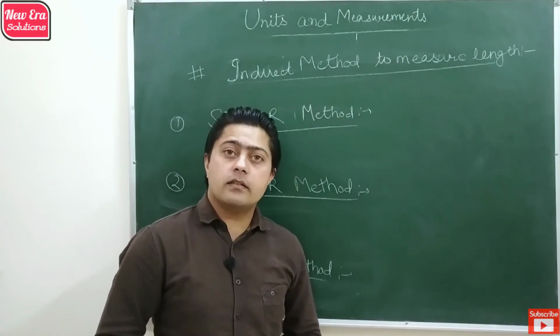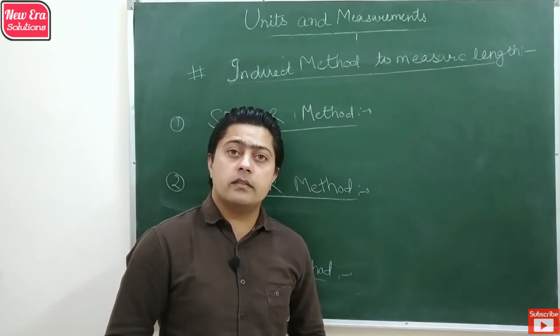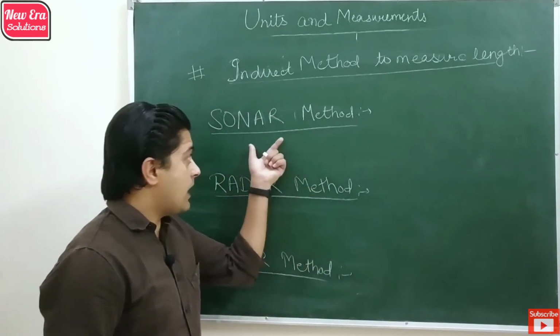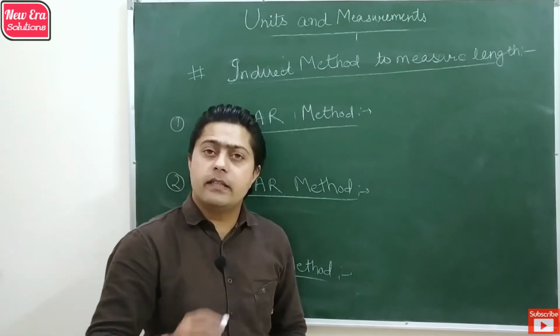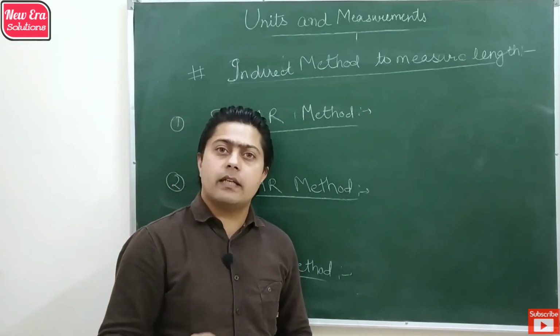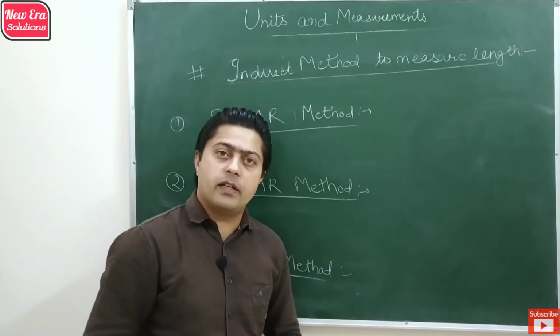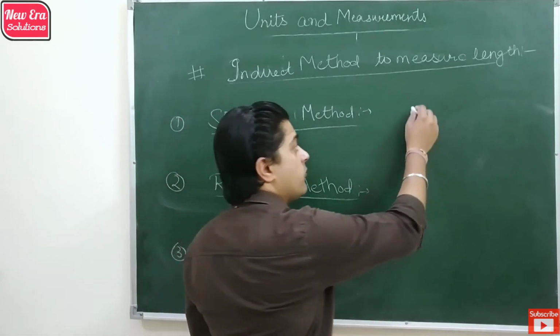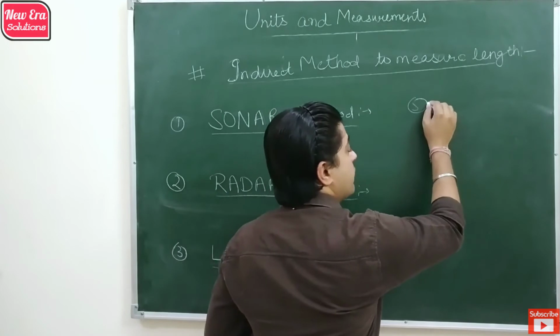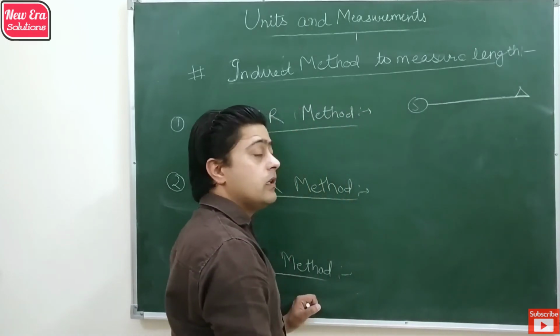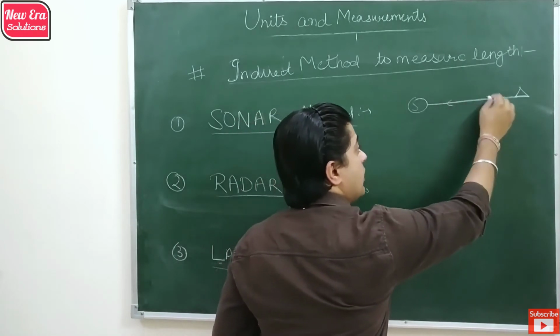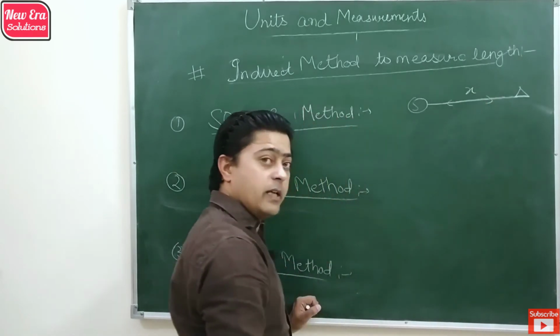Now let's discuss some indirect methods to measure length, like the sonar method, radar method, laser method, etc. In these three methods we use the same concept with different waves, in which a wave is emitted from a source, strikes an obstacle and returns to the observer, covering the same distance twice.